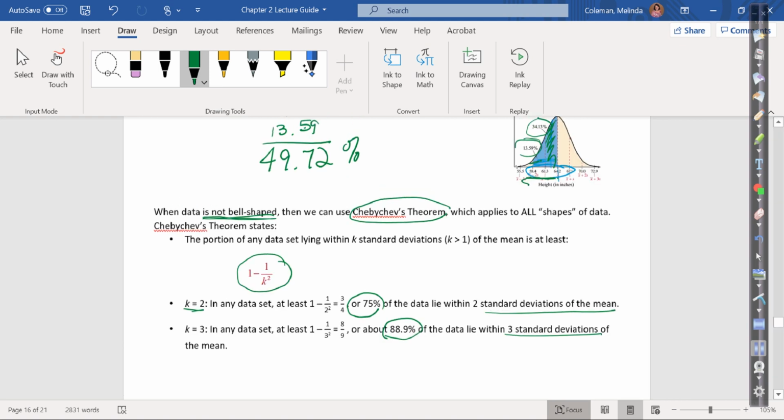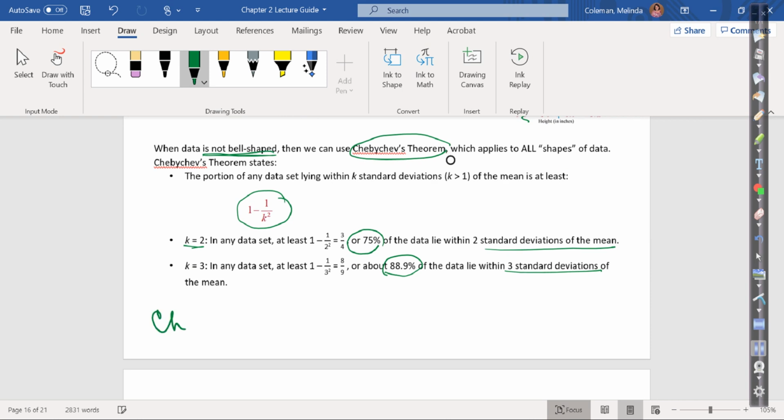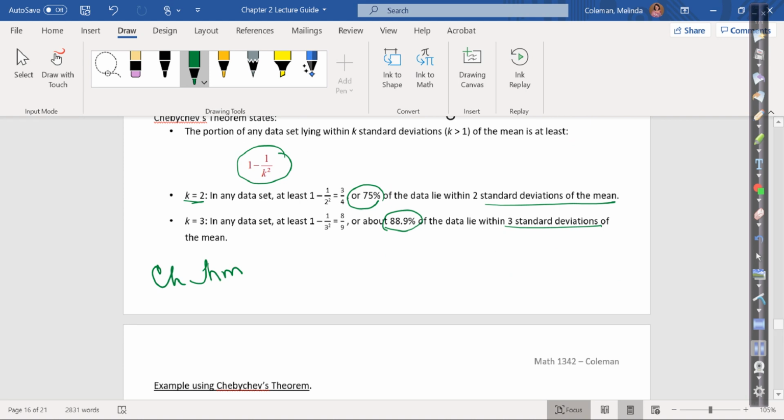The difference is the percentages. So with Chebyshev's theorem, 2 standard deviations are about 75% of the data.